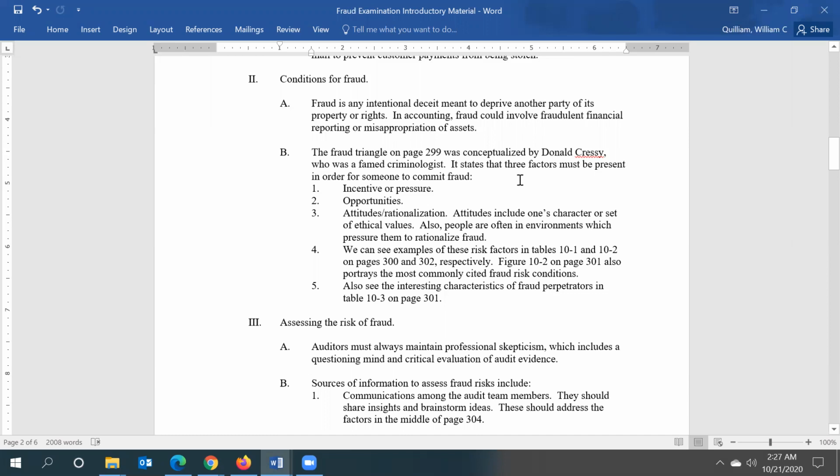Now, on page 299, there's something called the fraud triangle. It is in the Albrecht textbook. It's also in the auditing textbook. And I will show you that here.